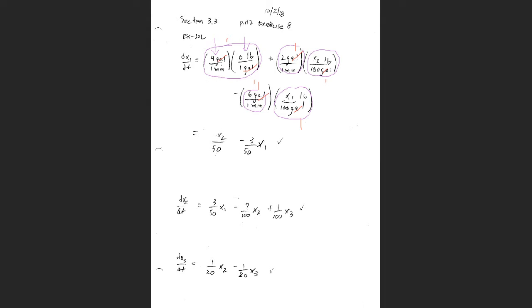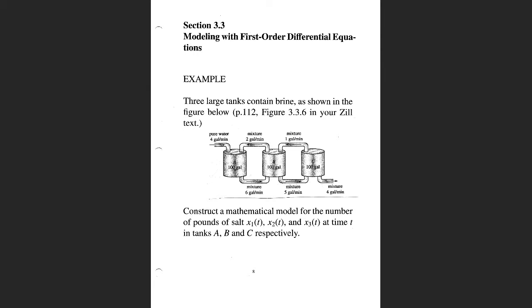And incidentally, why is it important for the mixture to be leaving at 6 gallons per minute? If we go back to the picture, and incidentally this is dx1/dt equals x2/50 minus 3/50 x1. Is it important based on the picture?